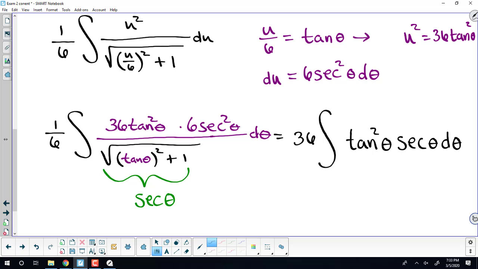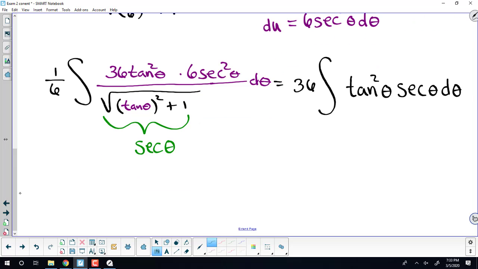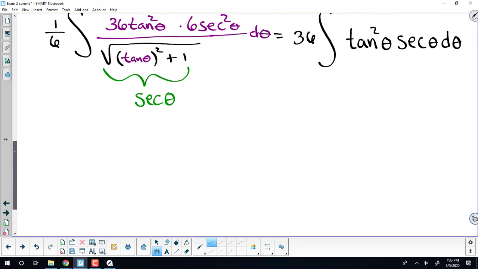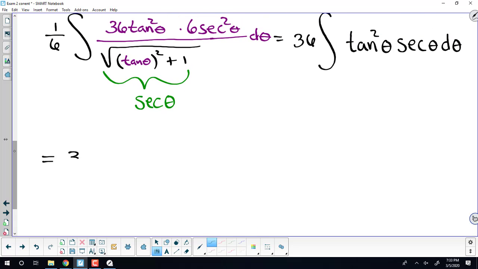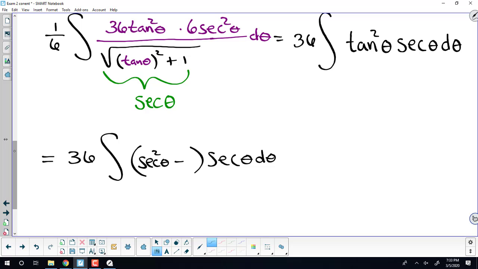So unfortunately, you can't split that up according to those methods, but we can rewrite tangent squared using the Pythagorean identity as secant squared minus 1.